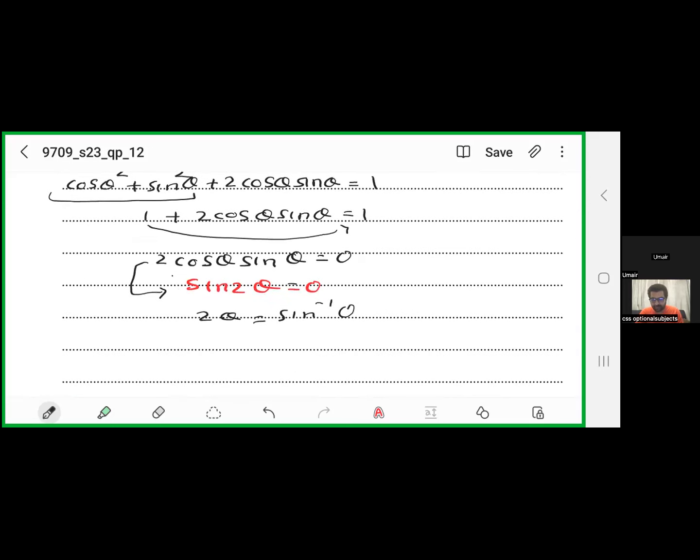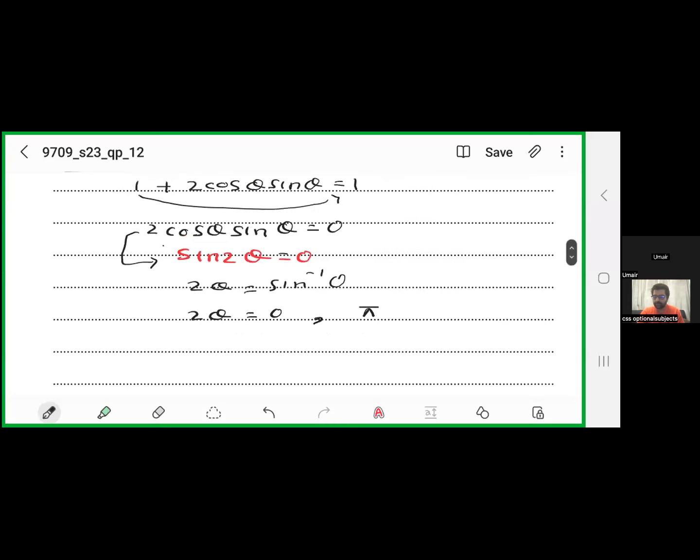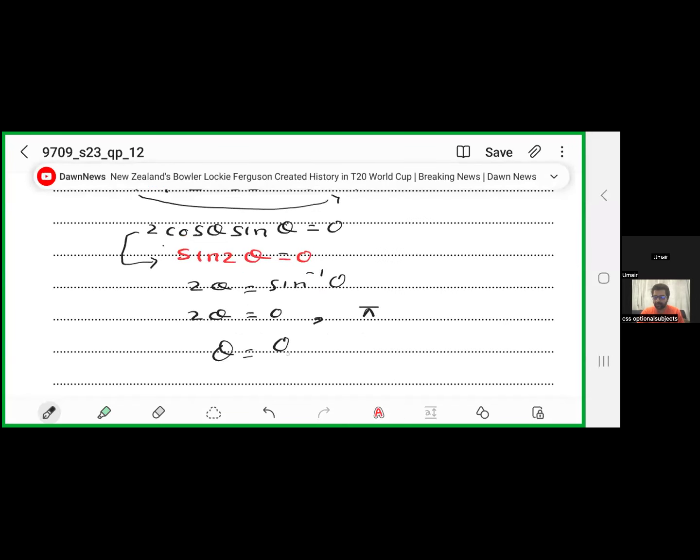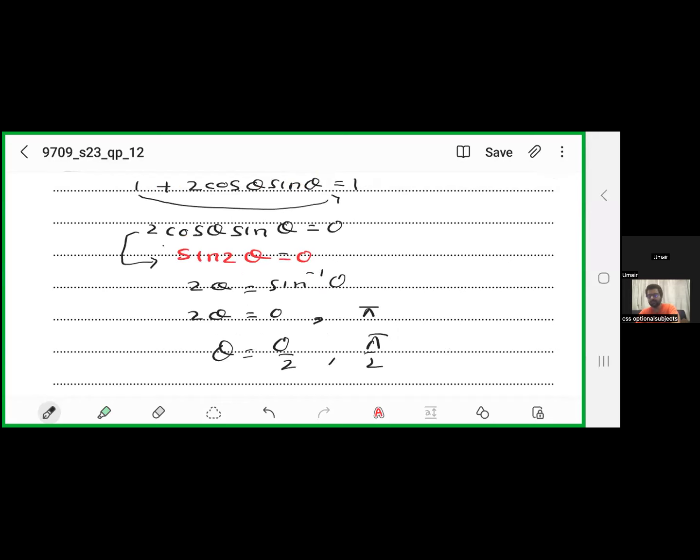If you take sine inverse 0, either you will have the value of 0, so we can say that 2 theta is equal to 0. And the other one is, sine is 0 at 0 and it is 0 at pi. So you have to calculate the values: theta will be equal to 0 over 2, pi over 2, and sine is 0 at 2 pi as well, so pi.